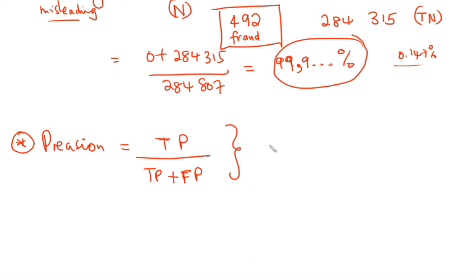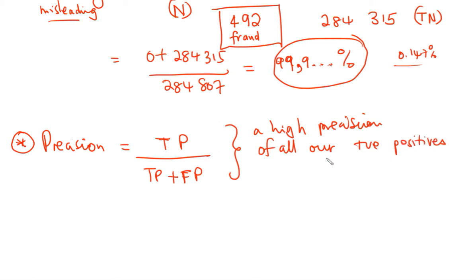A high precision means that of all the ones that you said are fraudulent, of all our positive predictions, many are true positives. That is a high precision.